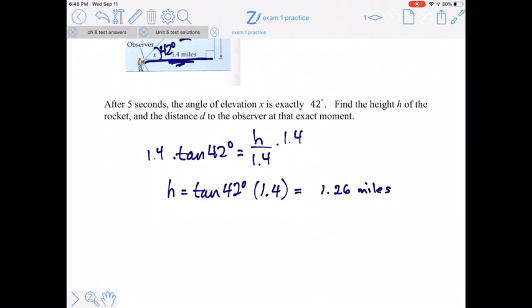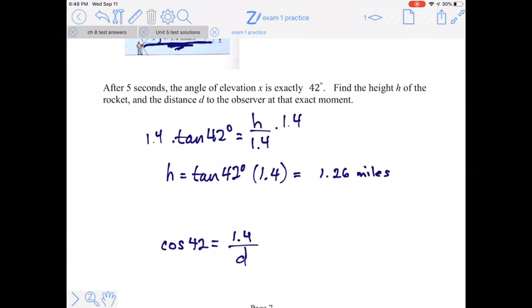Cosine? Okay, so cosine of 42 degrees is the adjacent length, 1.4, divided by the hypotenuse, which we don't know, d. So you're going to have to manipulate this equation a little bit. I'm going to multiply both sides by d to clear the fraction. But now I've got d times cosine of 42 equals 1.4.